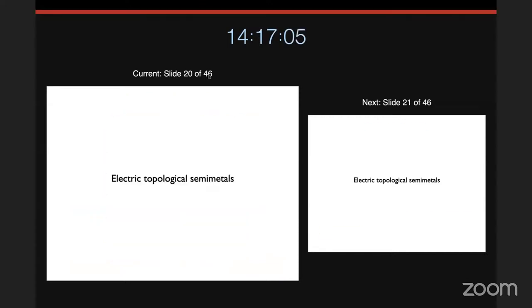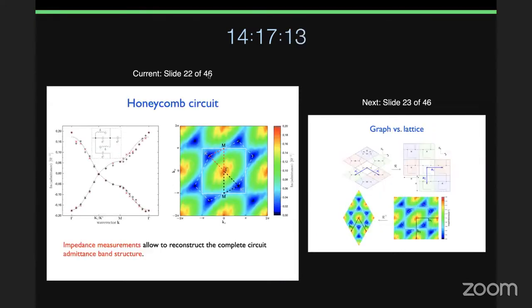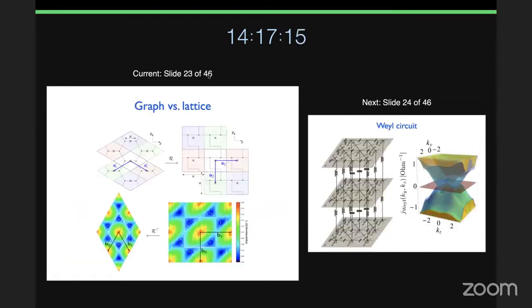We can easily move on to any topological band structure you can think of. Let me shortly show you topological semimetals. Obviously, we started with a graphene band structure, and I don't have time, but maybe you're interested in this, so I shortly mention, you should notice that electronic circuits are networks and no lattices. So they are graphs. Mathematically, a graph and a lattice is very different because there's no length scale associated with a graph, right?